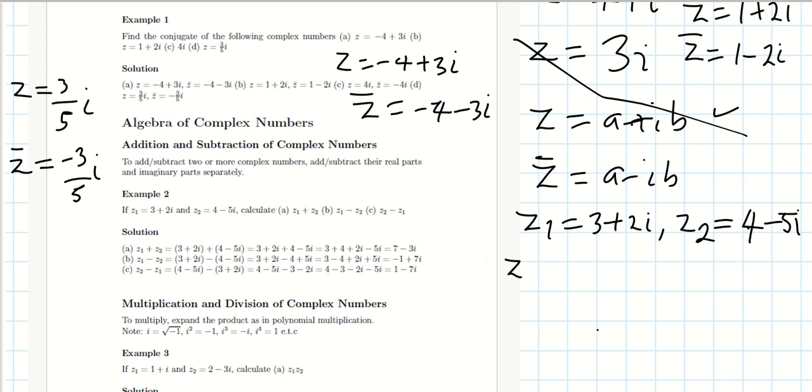Then we have z1 plus z2 equals 3 plus 2i plus 4 minus 5i.